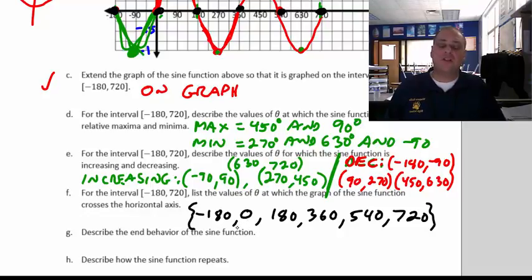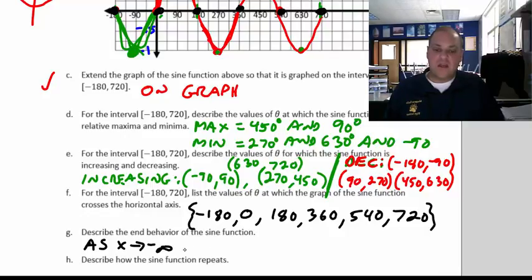Describe the end behavior of the sine function. Well, there is no end behavior because it's going to just keep going on forever. So as x approaches negative infinity, y is in the interval negative 1 to 1.